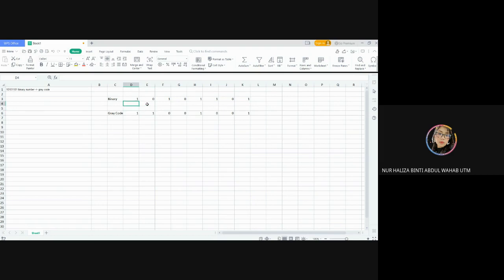If binary to gray code, you need to add the binary only. One plus 0 will be 1. Then your answer for your gray code also is wrong.